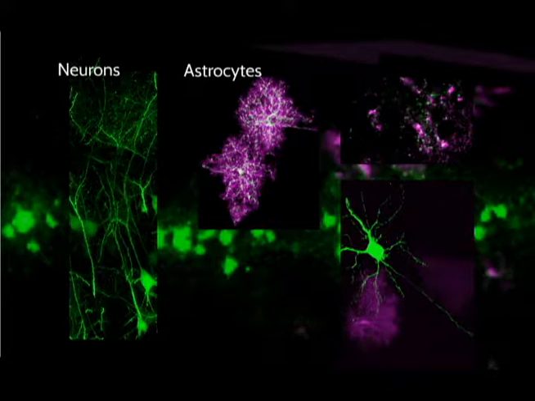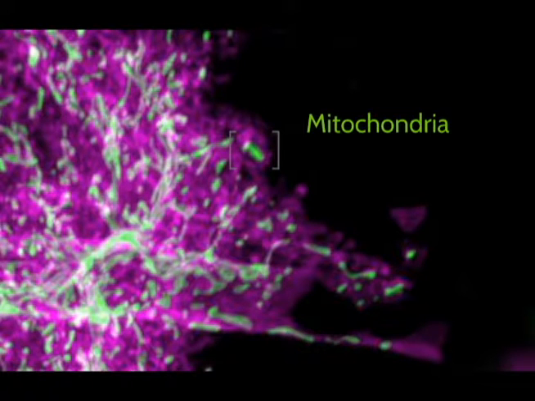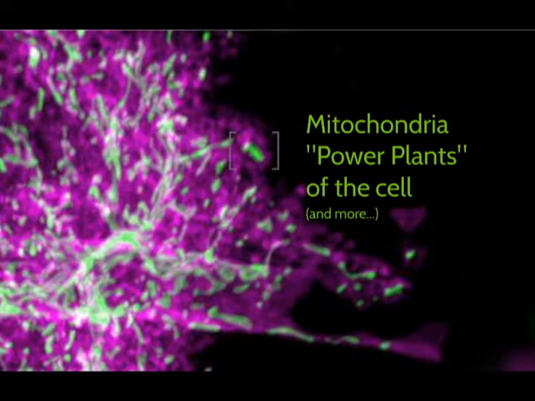Now, if we look even closer, we can start looking at the individual parts that make up the cell, in this case the astrocyte. The machines I'm interested in are these little green bits, called mitochondria. They're often referred to as the power plants of the cell, even though they do a lot more, but that's not important for now. To understand the mitochondria and their role in the cell, I like to compare a cell to a city.